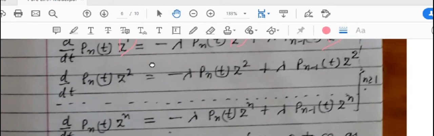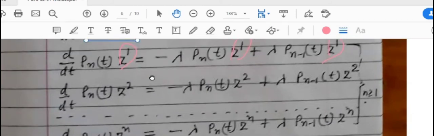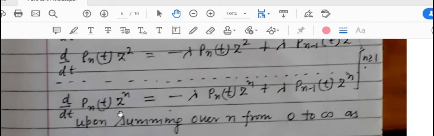The condition is n greater than or equal to 1. The last one is z to the power n here and here. You look at this.